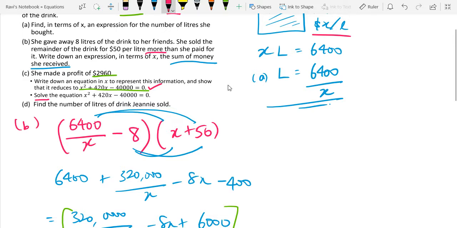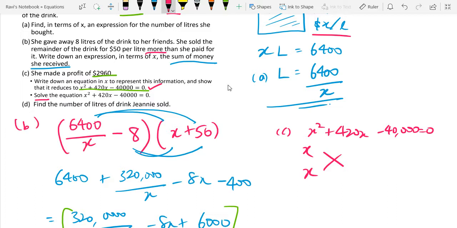I can do it on this side here. So in C part 2, I can say x squared plus 420x minus 40,000 equals 0. You can just pump it into your calculator to get an answer. I can just use the cross method as well.